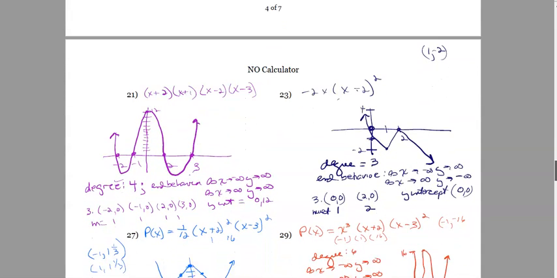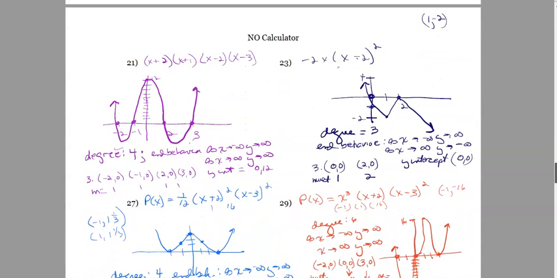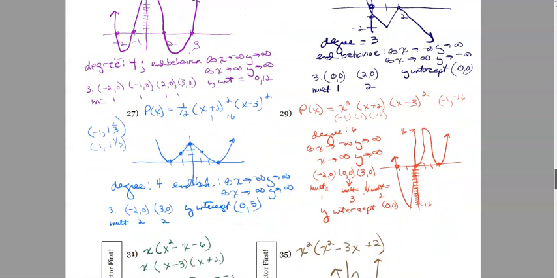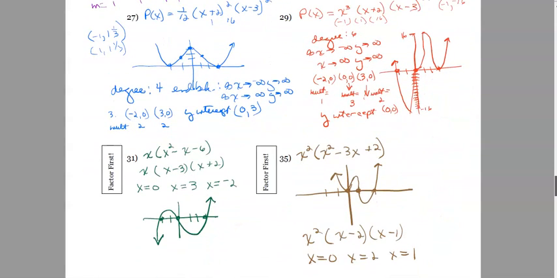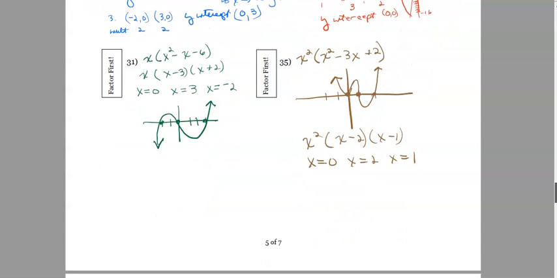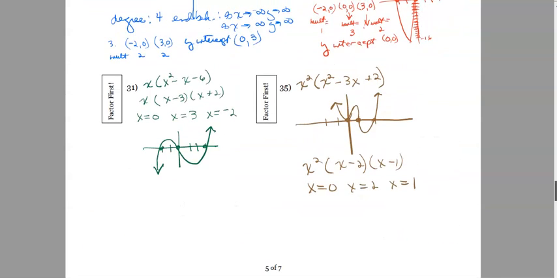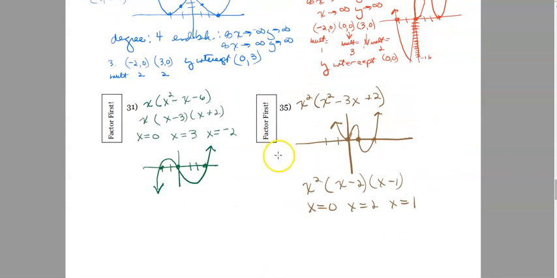Here's some more. The last two, I don't think I filled it all in, so let's just talk about that. What I did was I first factored it, and then I could have gone through all those specs, and I really should have. So let's talk about them. The end behavior is as x goes to -infinity, y goes to -infinity.